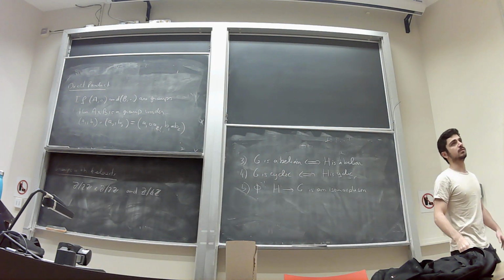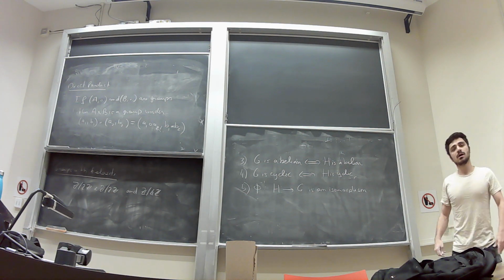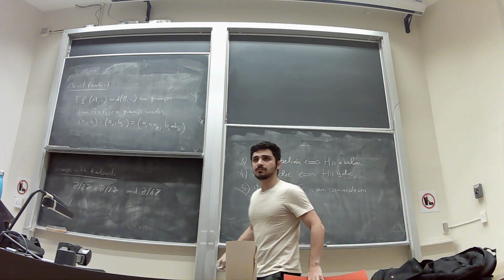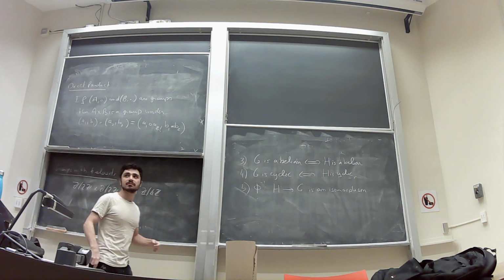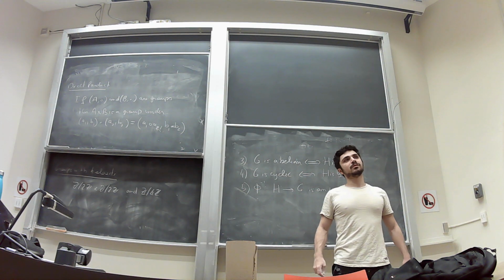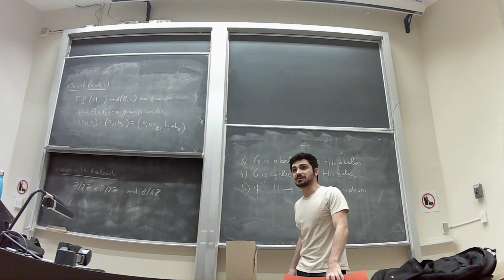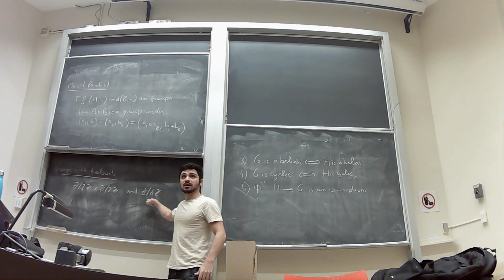Both of these have 4 elements, right? Are they isomorphic? Could you find a feature in this that is not there? Are they both abelian? They are both abelian, so that doesn't work. Are they both cyclic? One has an element of order 4.